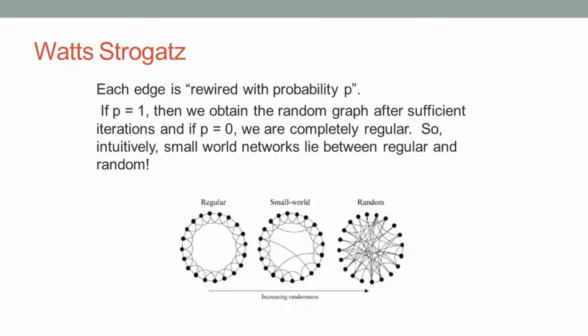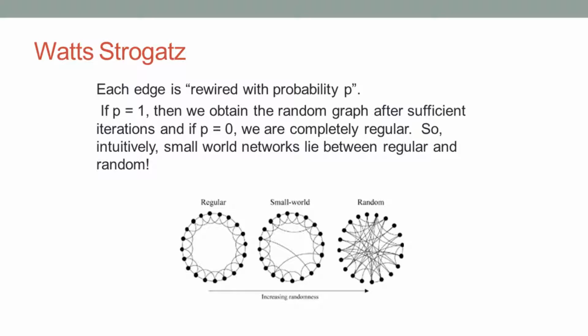Again, when the graph is regular, both values, the clustering coefficient and the average path length, are high. What happens in a small world is we want the clustering coefficient to be high, but the average path length to be low. So when we rewire a few of the edges, we're able to maintain sufficiently high clustering because we haven't rewired very many.